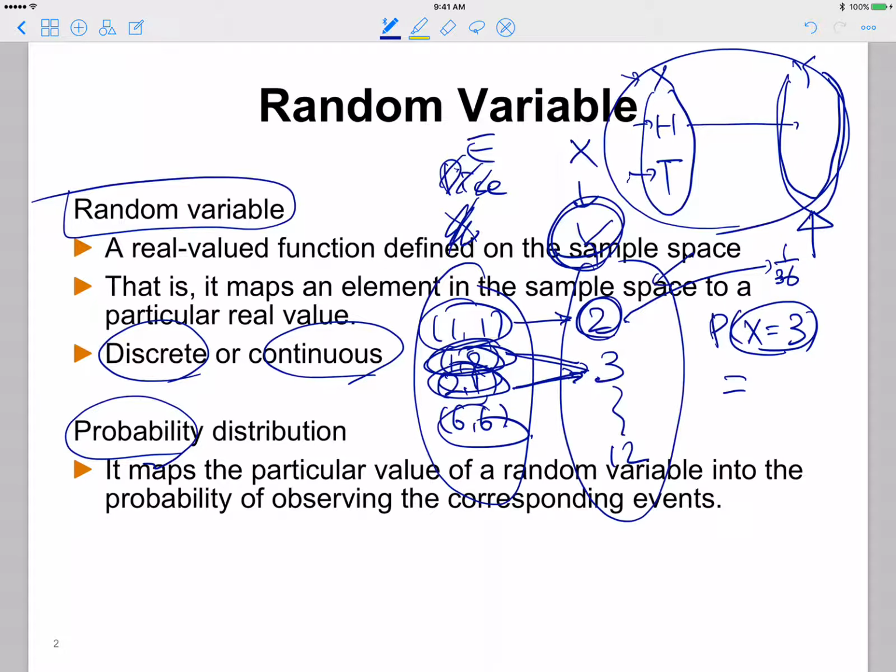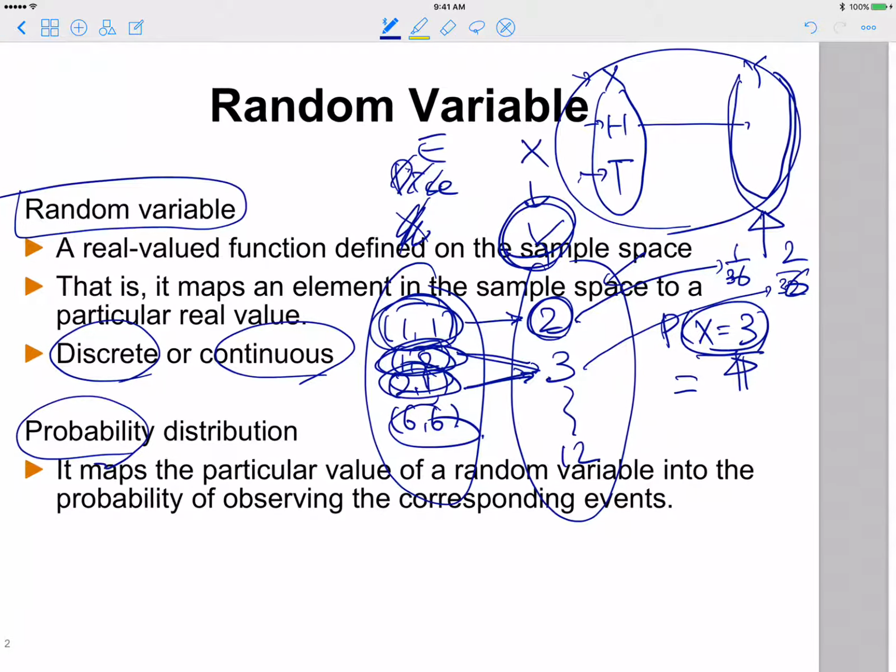Because it's 1/6 times 1/6, because we only have a single case. And what about this? This one will be 2/36. Okay. So that way we can consider these probability values for all the possible random variable outputs. Okay, so that is called a probability distribution.